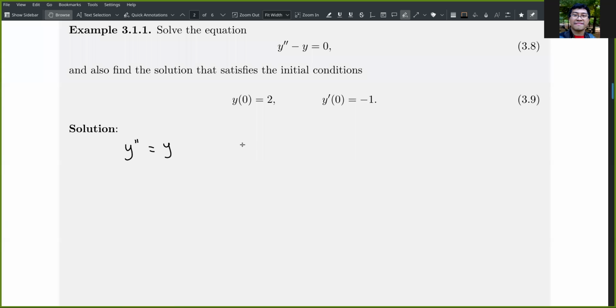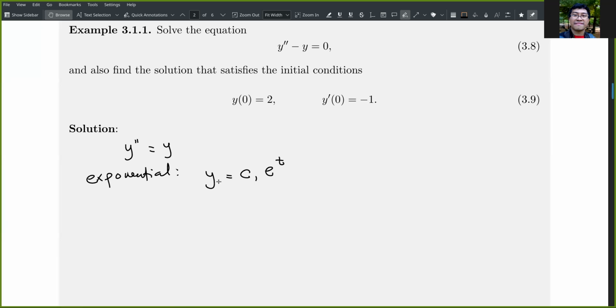The main candidate would be exponential functions. Y equals, say, some constant, let's say c1, e to the power of t. If you take the derivative, it is just y. Take the second derivative, it's still equal to y.